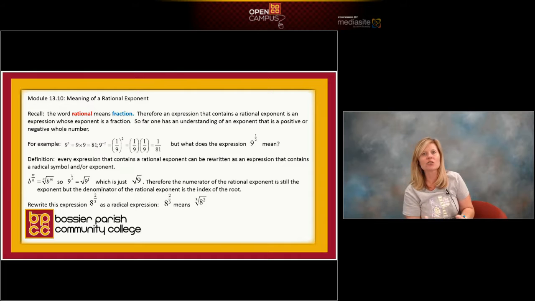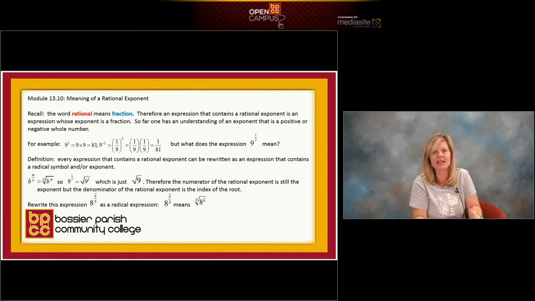So guys and gals, if I have the expression 9 to the 1/2, I don't understand that. I've never understood how can I work an exponent that's a fraction. An exponent's got to be a positive whole number. So what you have to do is you have to rewrite that. So the base is 9. The 9 goes inside the root symbol. The numerator 1 is still the exponent on 9.